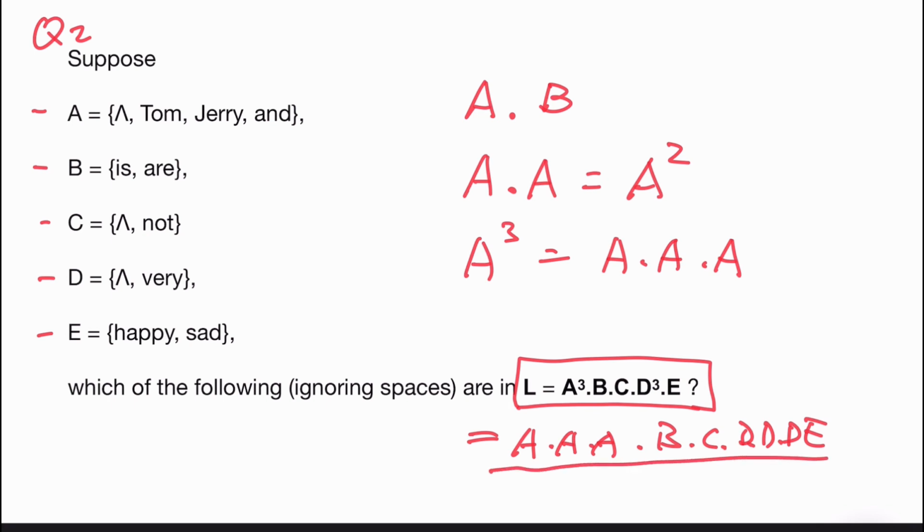It's quite long. All the sentences in this language must have 3 words from A, 1 from B, 1 from C, 3 from D, and finally 1 from E. That's the syntax.